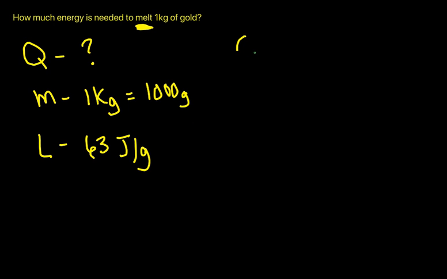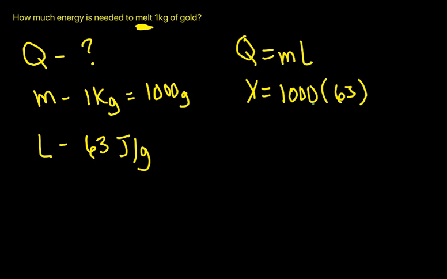Q equals M times L. Q is X, I'm looking for it. M is 1,000, and the latent heat value is 63. 1,000 times 63 is 63,000. So it's going to take 63,000 joules of energy.